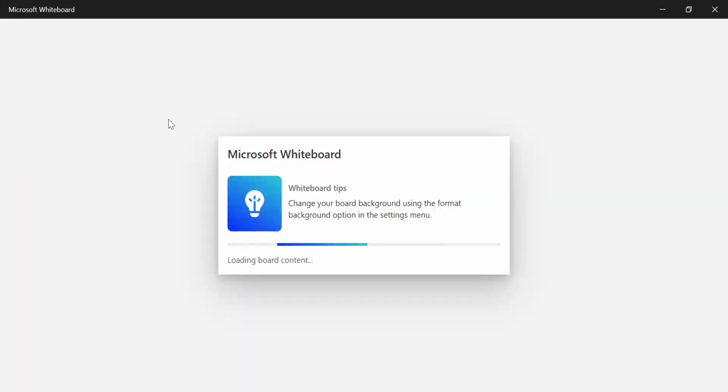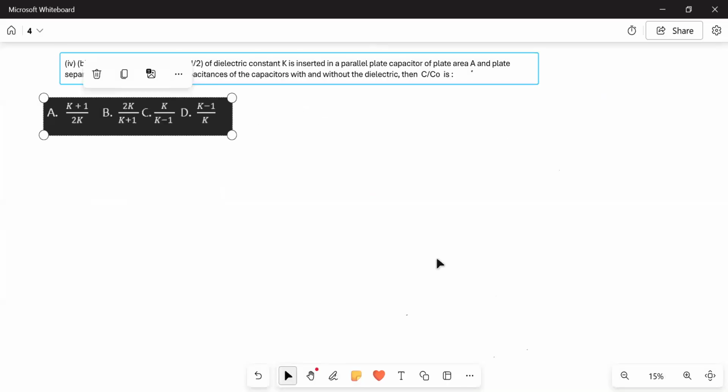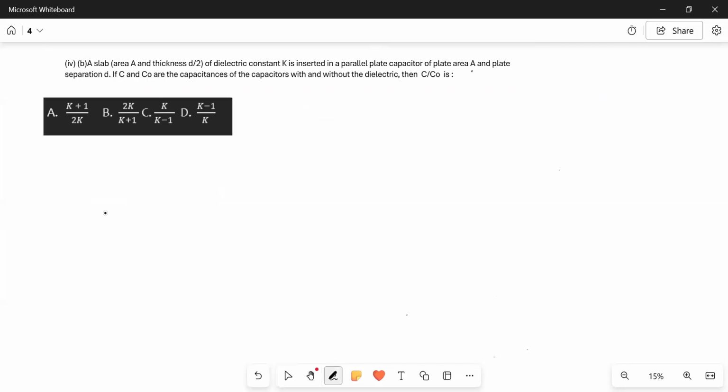Now the second subpart of the fourth question is that a dielectric slab of dielectric constant K and thickness D by 2 is inserted between the plates.